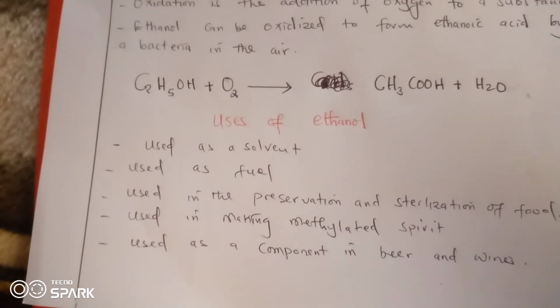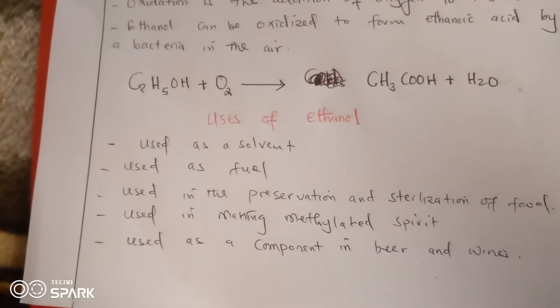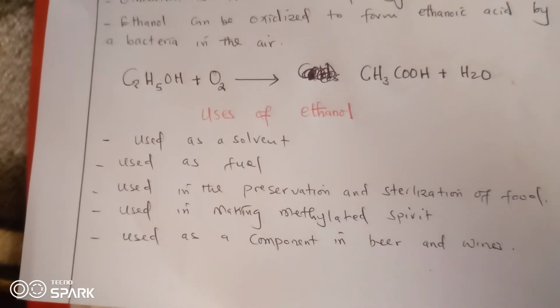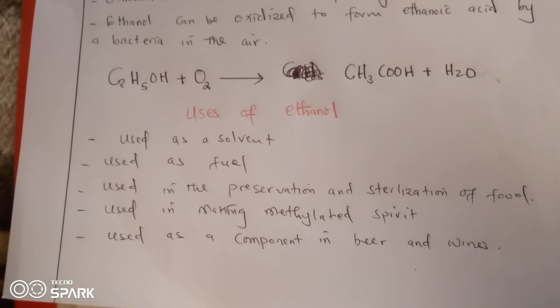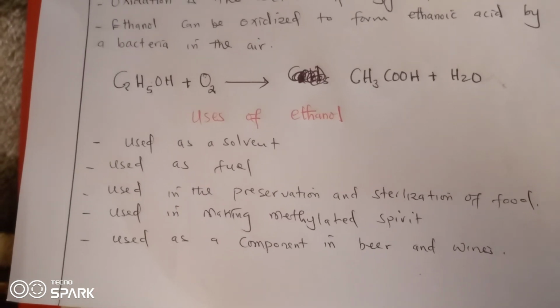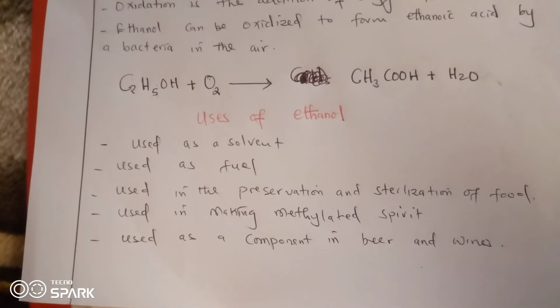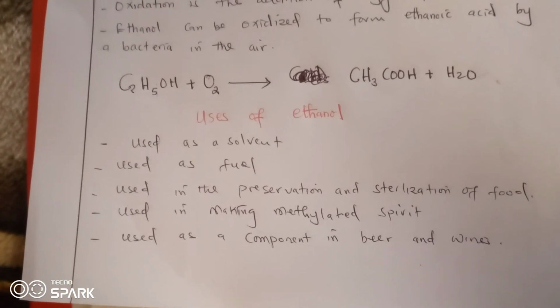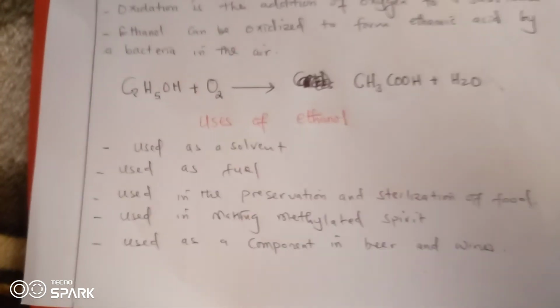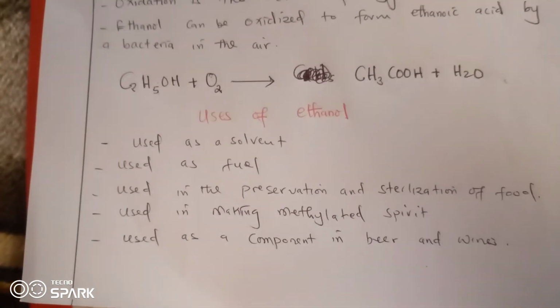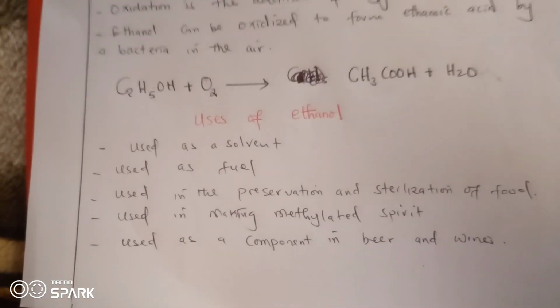Many substances can dissolve in ethanol. It is used as fuel. It is used in the preservation and sterilizing of food. A preservative is a chemical that you add to food so that food cannot easily go bad. So you put a little bit of alcohol there, ethanol.